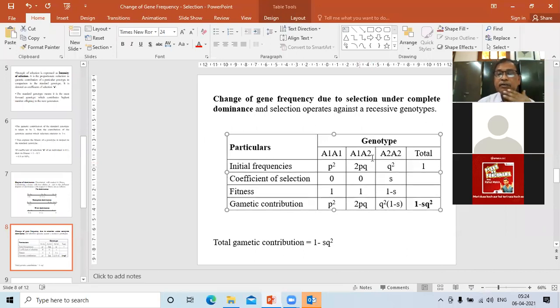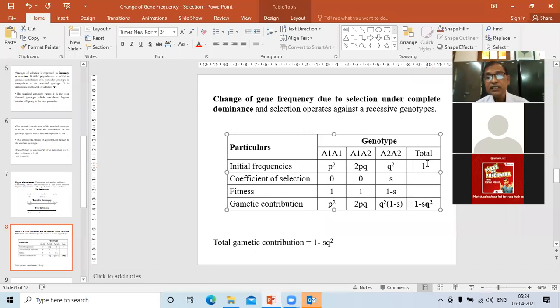Initial frequency is the frequency of the Hardy-Weinberg population. The frequency होता है, मैंने वही लिखे हैं. P square for A1 A1, for heterozygotes A1 A2 that is 2PQ, for A2 A2 that is Q square, and total frequency will be sum equal to 1.